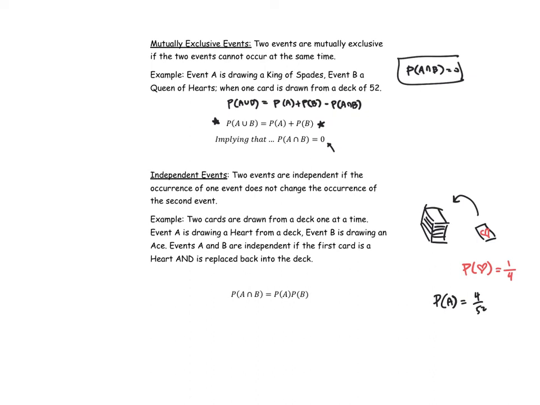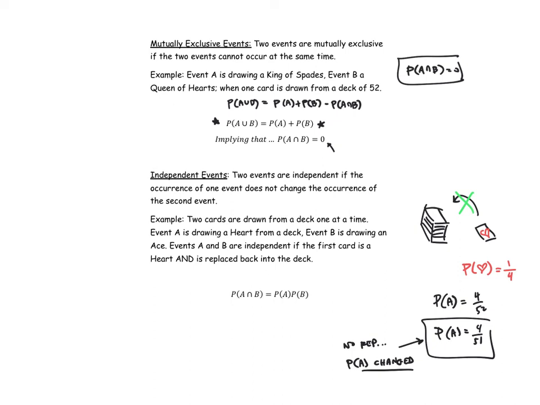If I do not replace, no replacement, then the probability of pulling an ace now is 4 out of 51. So in this case, if there is no replacement, then the probability of an ace has changed. It went from 52 cards down to 51 cards.